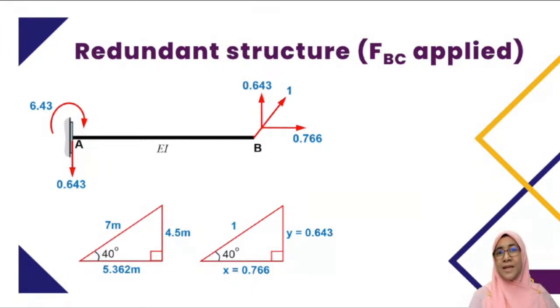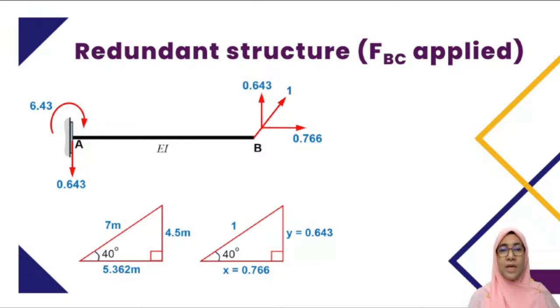Okay, and it is just like an inclined force. So the inclined force we have to resolve in x and y, and we use trigonometry to resolve. The angle is given. So from the first triangle, we have the x length and the y length as 5.362 meter and 4.5 meter, and using that we can interpolate to get the x value, which is equal to 0.766, and the y value is 0.643.